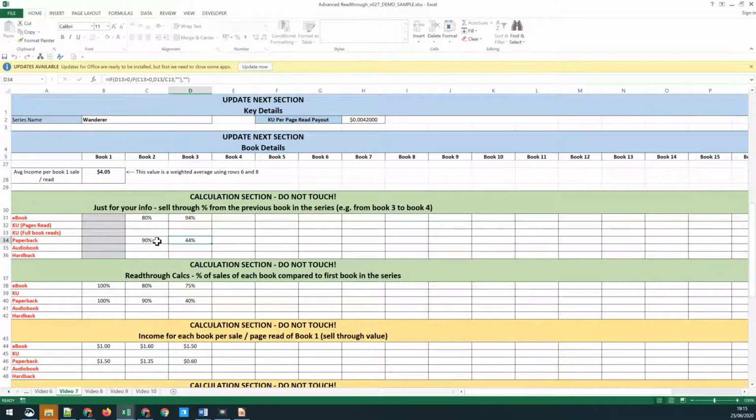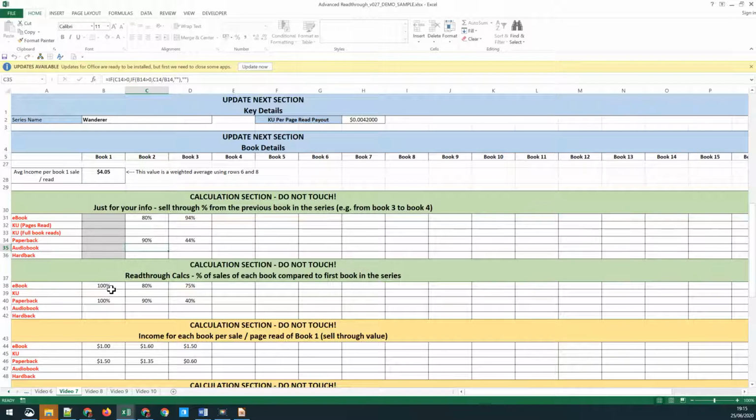So something is going wrong, definitely going wrong with book 2. And it may be something as simple as you haven't updated your back matter. So people finishing book 2 of the paperback might say, oh, I'd love to read book 3 in that series, but there isn't one out. And therefore you're losing a large chunk. And that's such a simple thing to fix, and you might take your read through from 40, maybe double it, from 44% to 88 or higher.